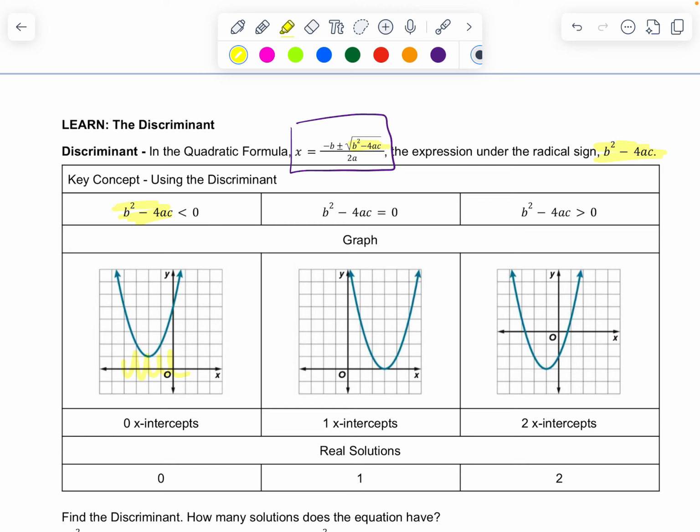It's never going to touch. If it's equal to 0, you're going to have one real solution, one intercept. And if it's greater than 0, that means you have two intercepts. It hits it in two spots.